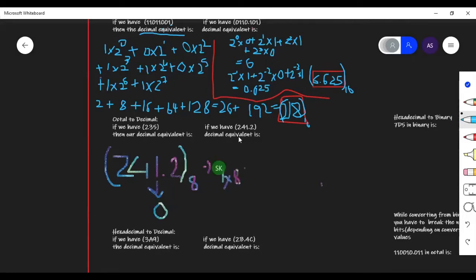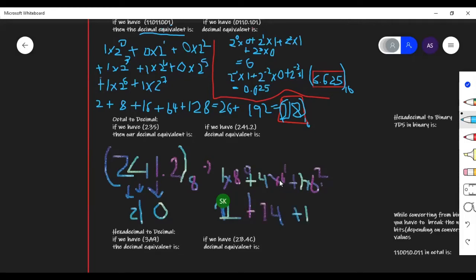Then at index 1 we have 4, so we get plus 4 times 8 to the power 1. And then at the second index we have 2, so we get 2 times 8 squared. So we have 1 plus 32 plus 128, which is 161.